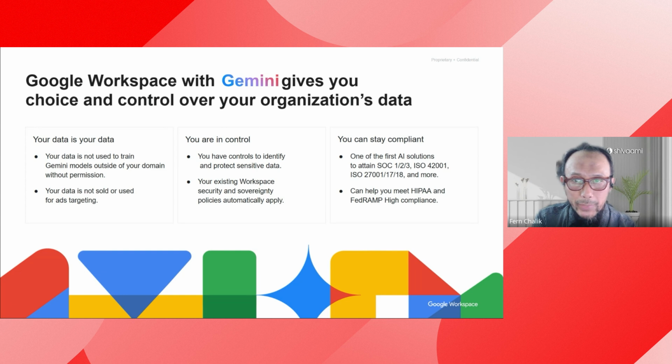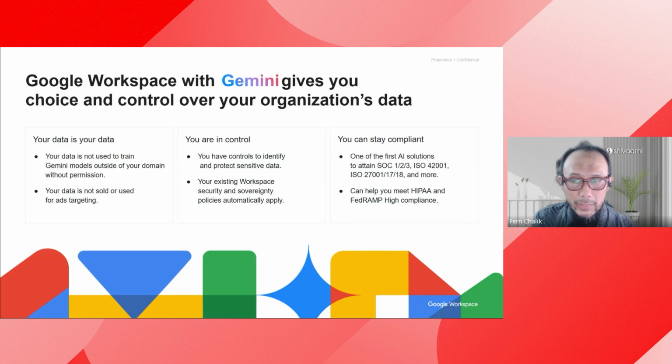Google built Gemini with enterprise-grade controls to help you roll out Gemini while protecting your sensitive data. Gemini only retrieves relevant data that the user has permission to access, and your existing Workspace data security and controls are automatically applied. You can still stay compliant.